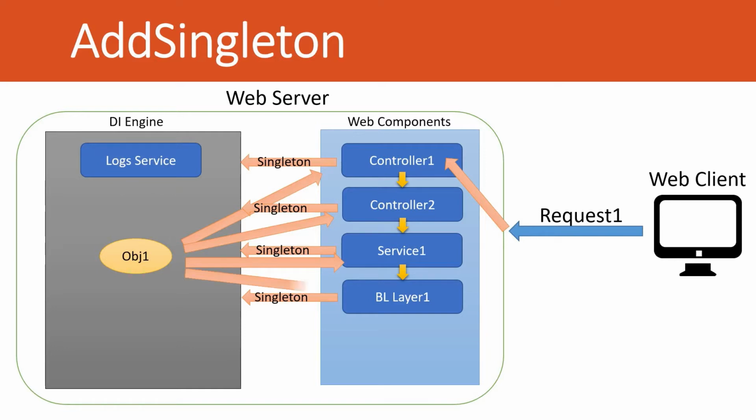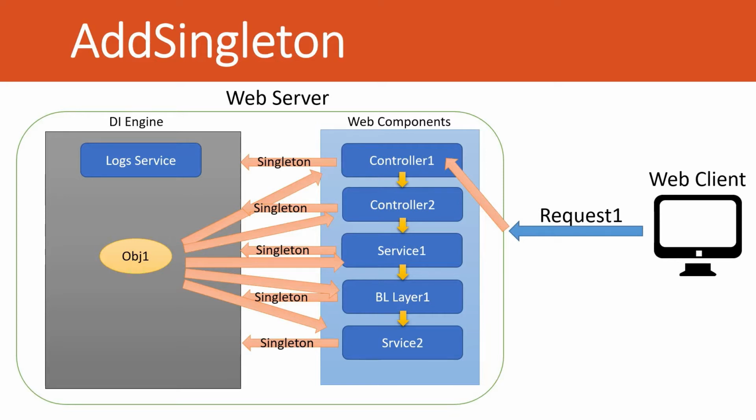It will share the same object with the BL layer. Then this one next calls another service. This service also has a dependency on logs service, and requests the DI engine. The DI engine will process the request, and it won't create a new object as it is a singleton. It will share the same object to that layer also.